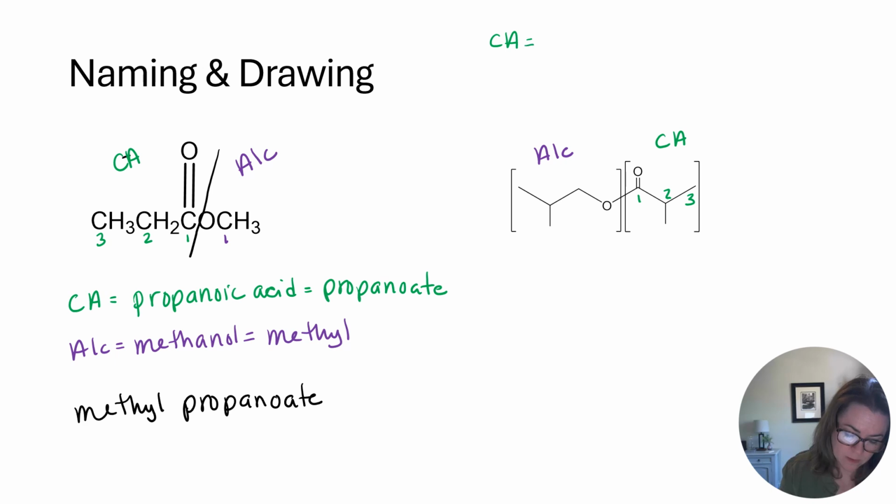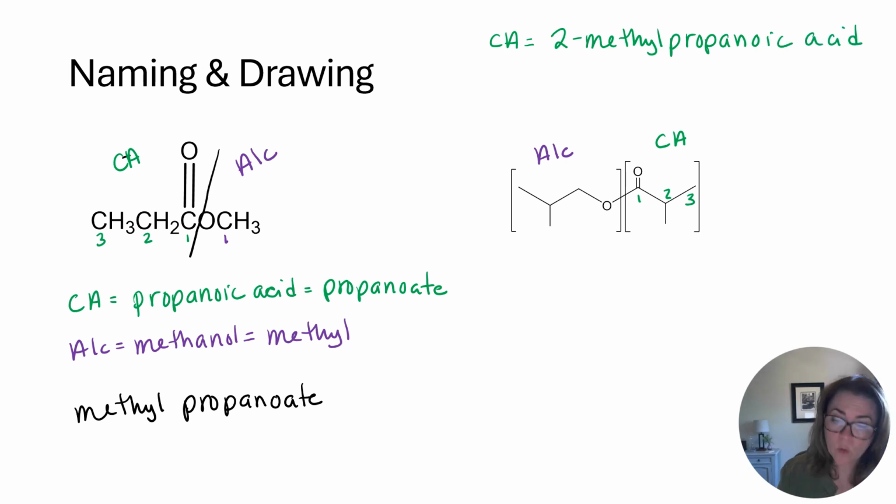So the original carboxylic acid would be a 2-methyl propanoic acid, which is going to give me my 2-methyl propanoate. And again, that's all one word.